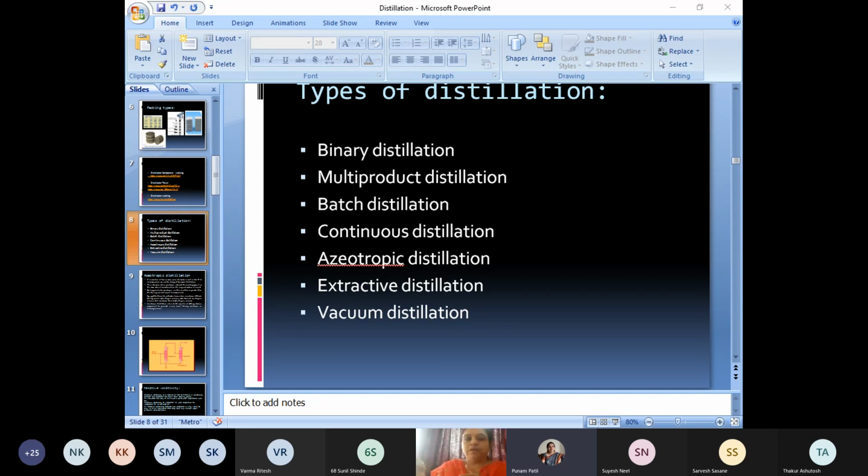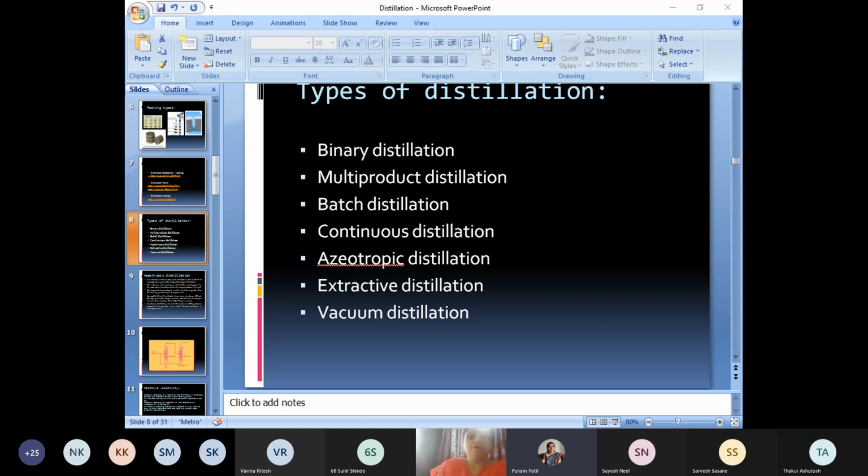Batch mode works like that. A particular volume is added in the distillation tower, it is separated completely, it is cleaned, and then the next quantity is added. In continuous distillation, the feed stream is continuously added to the distillation tower, that is, continuous separation.